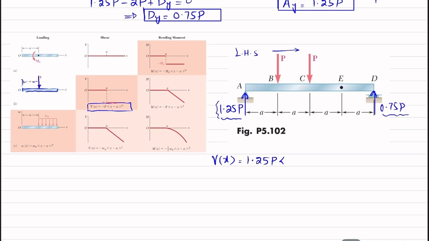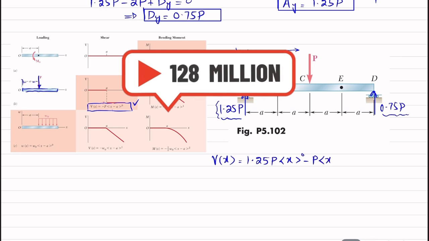Here this is starting at point A, the starting point. So here a is equal to 0. So I will write x power 0. The second load is this P and this is downward. So I will write minus, we'll use again this equation, minus P into x minus a power 0.